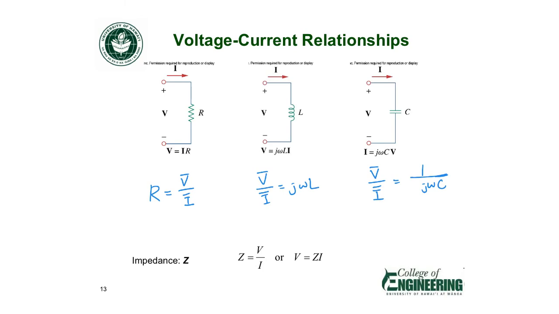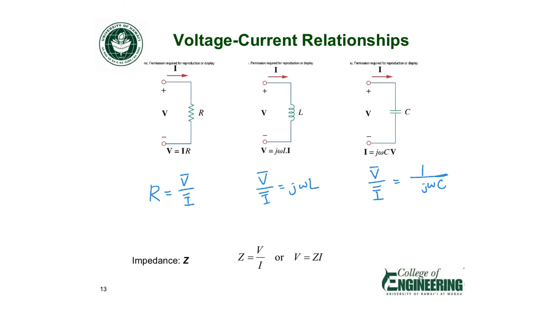So because of this, all of these equations are now written so that these are the values that give the voltage to current ratio. We can define a new property, and that's going to be called impedance. It's going to have a variable of Z. And if you just think about impedance as a substitute for resistance, we can have Ohm's law in the form of impedance.